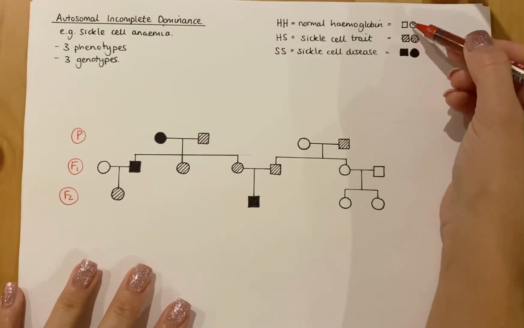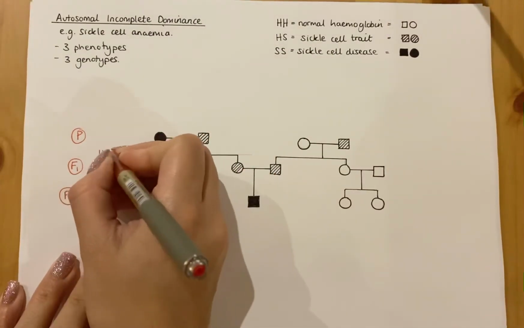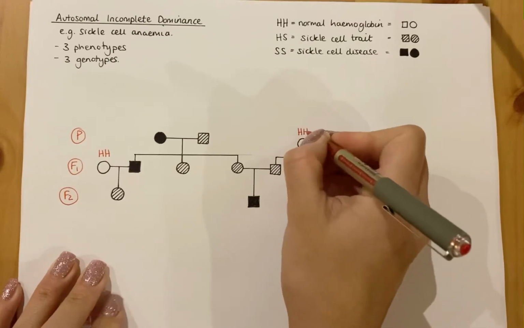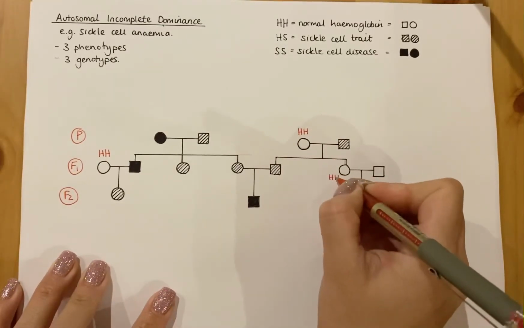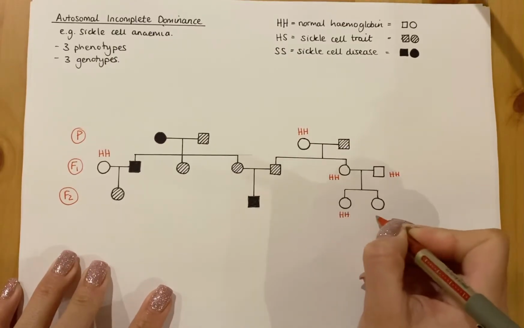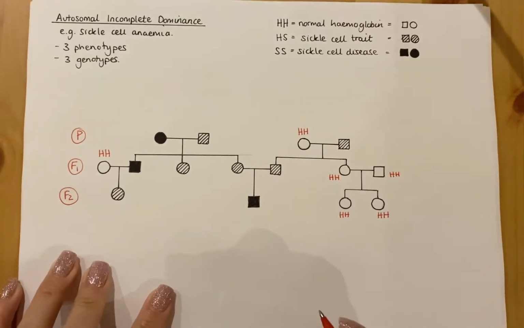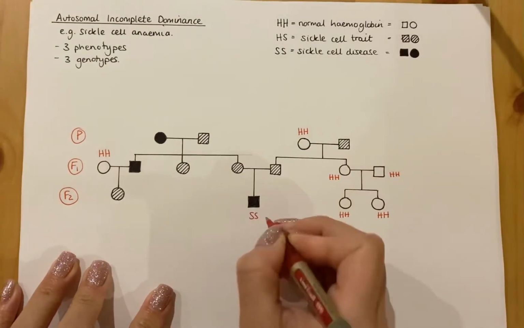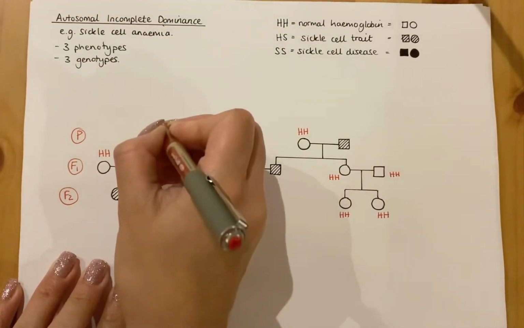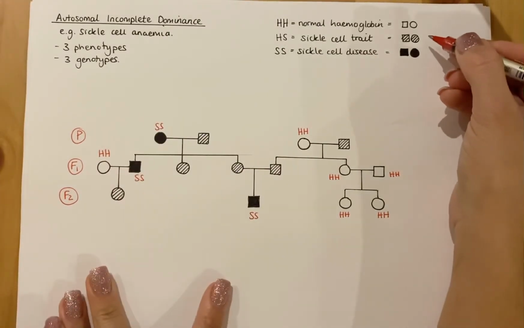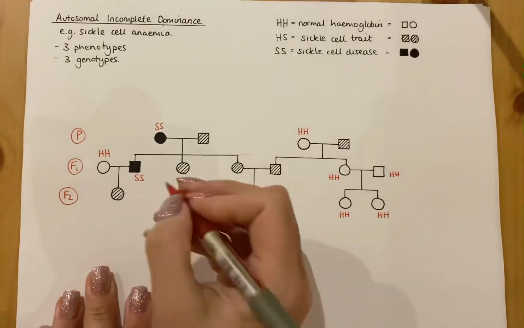Every white circle or square would be capital H, so homozygous dominant. All the ones that are coloured in black, circle or square, would be 2 big S's. And the ones who are a mix, with the sickle cell trait, that are cross-hatched would be HS.